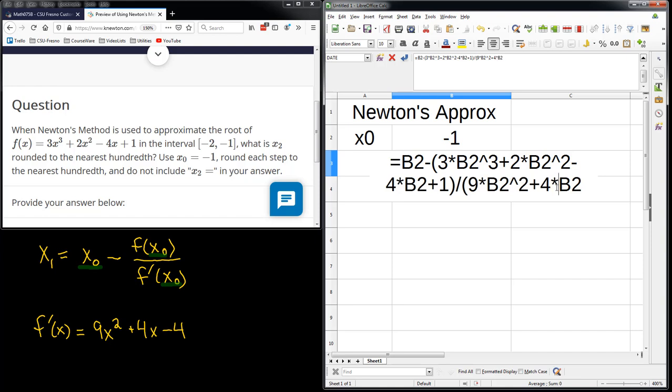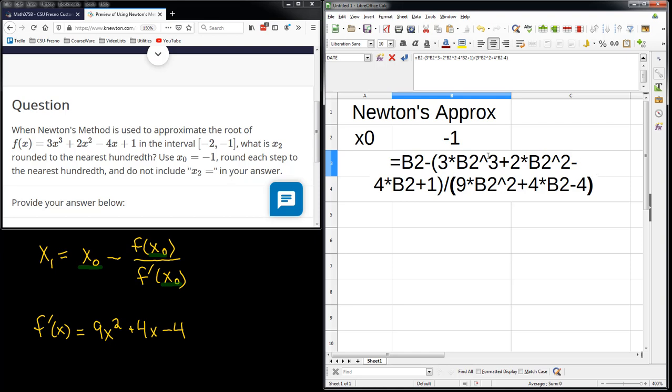So make sure you put in multiplications where you need to. And then minus 4. Also make sure you use parentheses appropriately, because if I didn't have parentheses there, I wouldn't be doing the correct division operation. So make sure you use parentheses carefully.